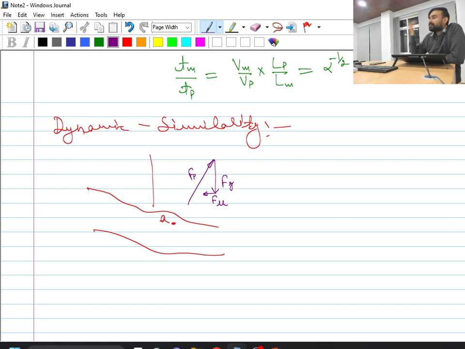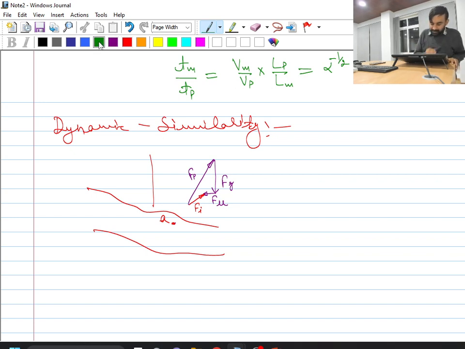My resultant force will be the inertia force, because only then will the force criteria be satisfied. So this is the inertia force, the resultant in this force triangle. Okay, this is my prototype.